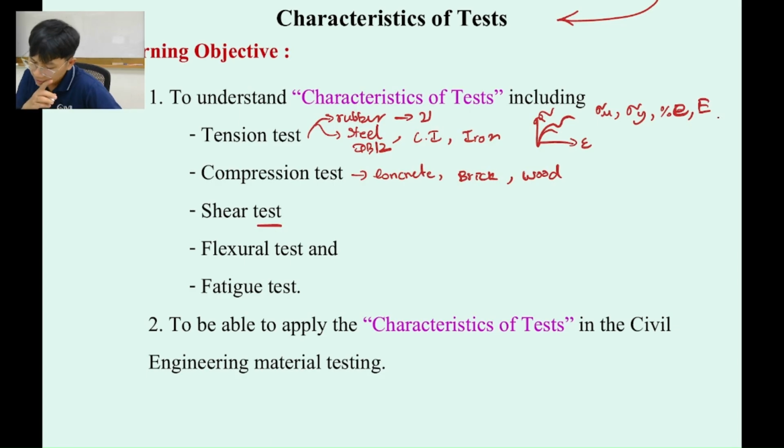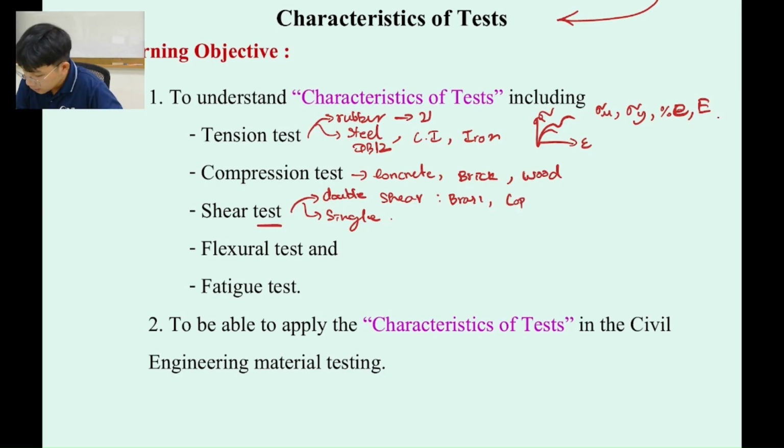Okay, so in the shear test we basically divide into two tests. One is the double shear test, and another one is single shear. Double shear we test with brass, copper, and aluminum.